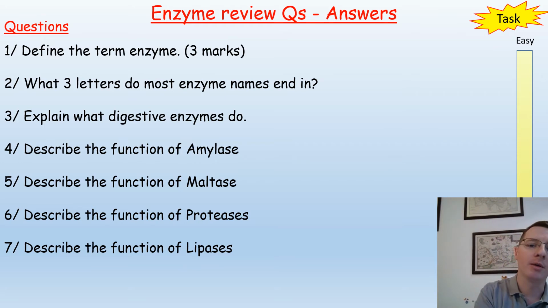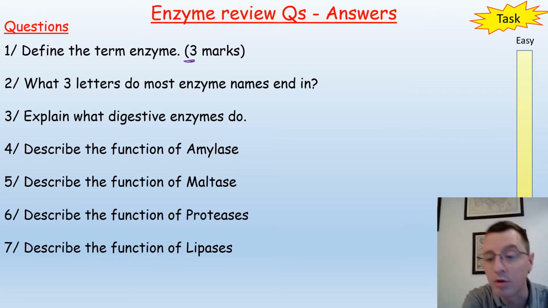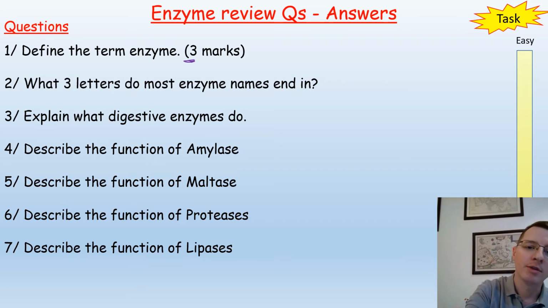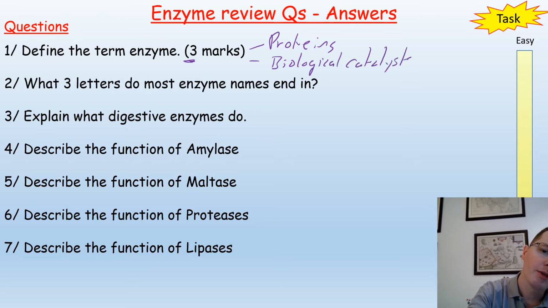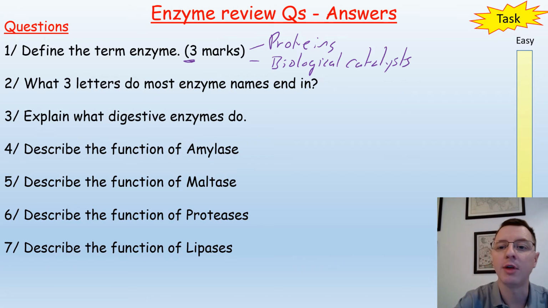Define the term enzyme. This is often a 3-mark or a 2-mark question in an exam. So you need to say, firstly, that enzymes are proteins, they are biological catalysts, and then you need to explain that by saying that they speed up chemical reactions.